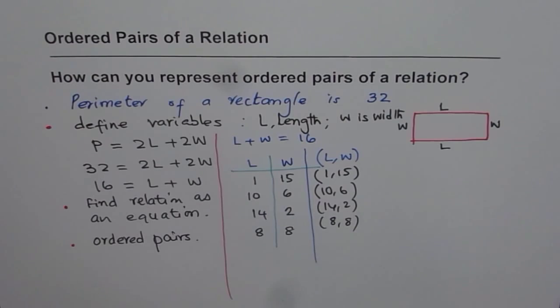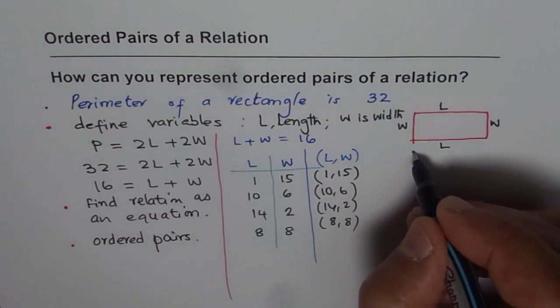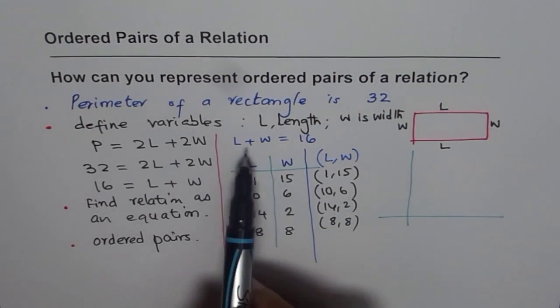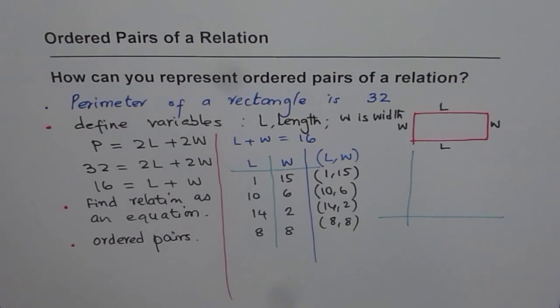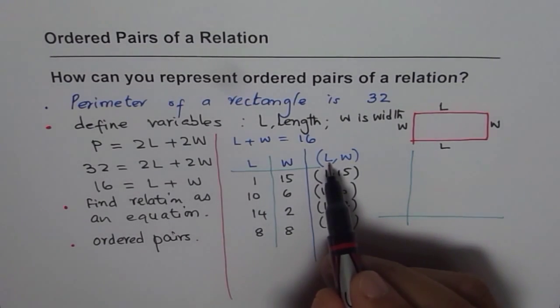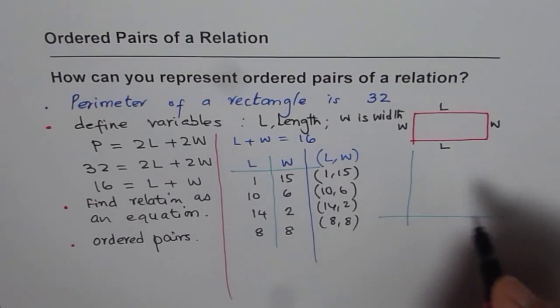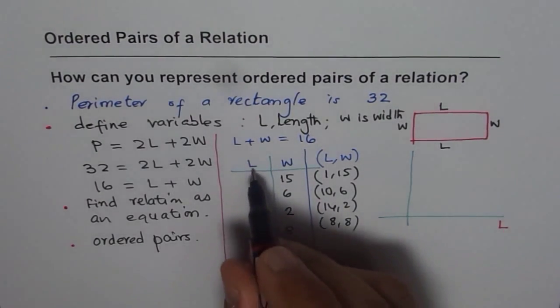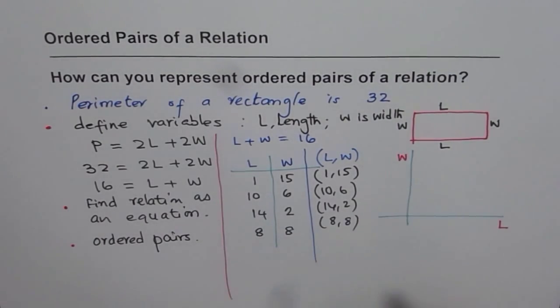The other way is that you can graph it also. We know different values of length and width, and we know their sum is 16. So if I take a length of 0, for example, in that case the width should be 16, correct? We are taking length first, and width on this side.